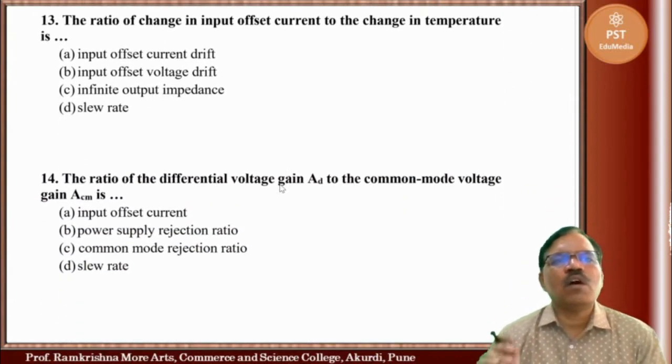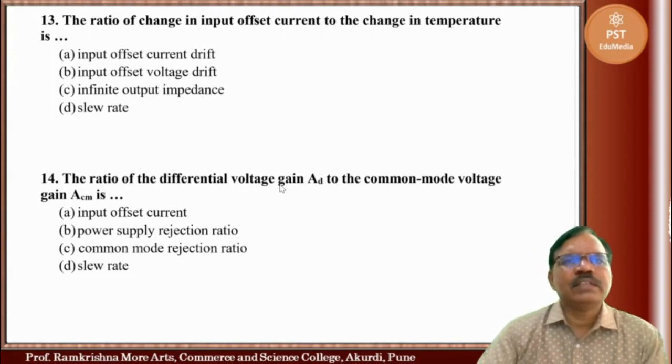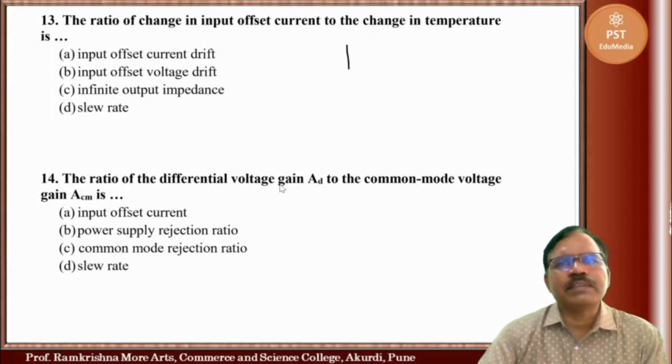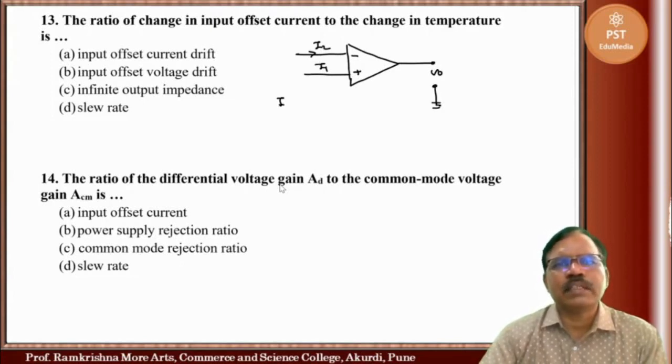Now the ratio of change in input offset current to the change in temperature is, just as we have seen, input offset current. Here the currents are I2 and I1, here we have V0, and input offset current is I1 minus I2 for V0 equal to 0.